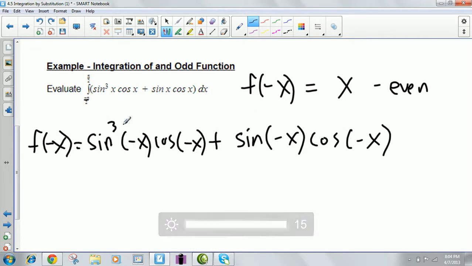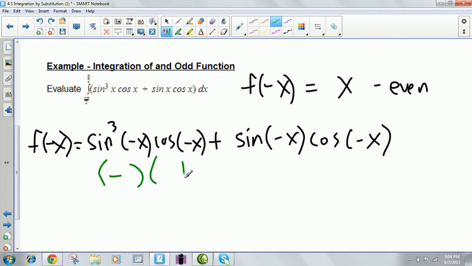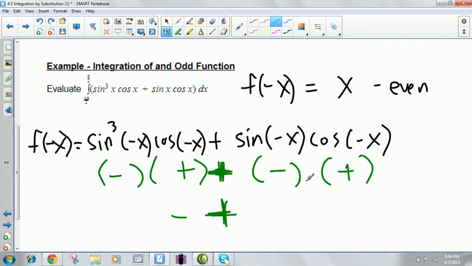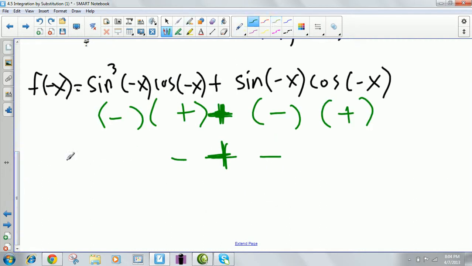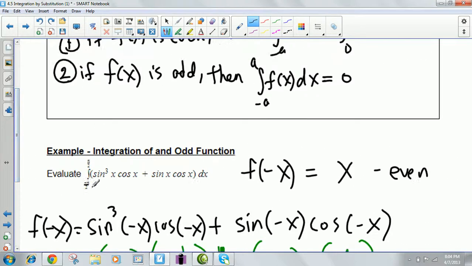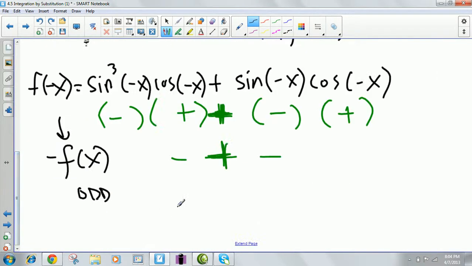If you look at this, on this side, this is a negative, this is a positive, and a negative times a positive is a negative. The same goes for the other term. So that means that when you plug a negative in, your outcome is negative. Does that imply even or odd? Good, odd. So if it's odd symmetry and your lower and upper limits are opposites of each other, then that means that your area is 0.